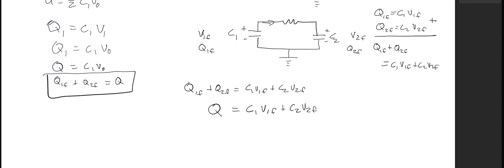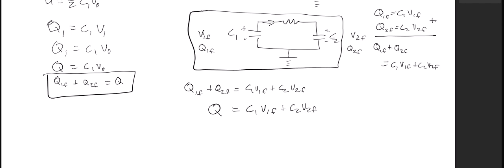Now take a look at our circuit right here, and notice that when time reaches infinity, the current doesn't flow anymore. There's no more current. And so if no current is flowing, then everything here has to be at the same voltage. So that's all at some final voltage I'll call VF. Everything down here is going to be at voltage 0, that's at ground.